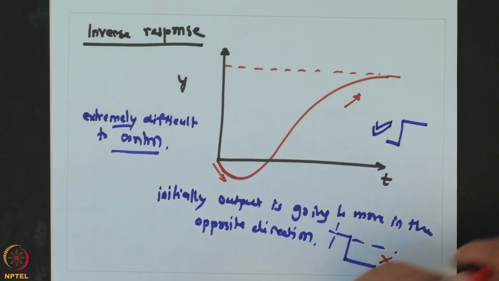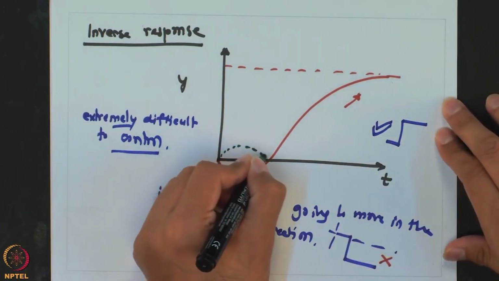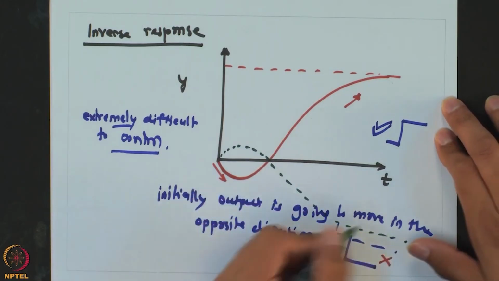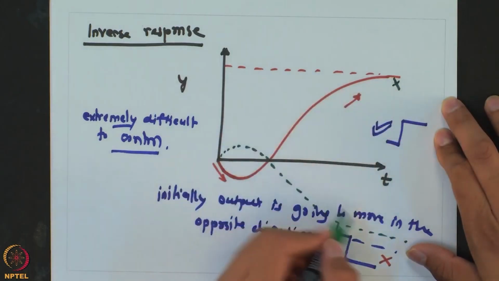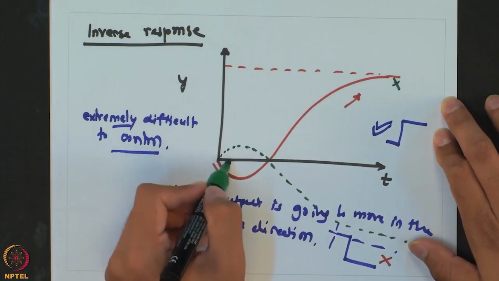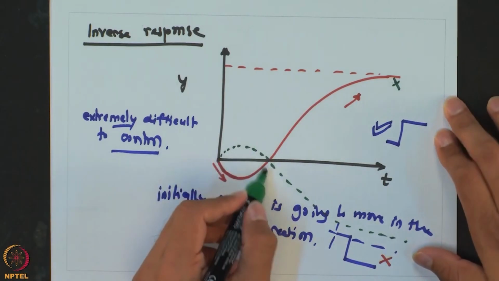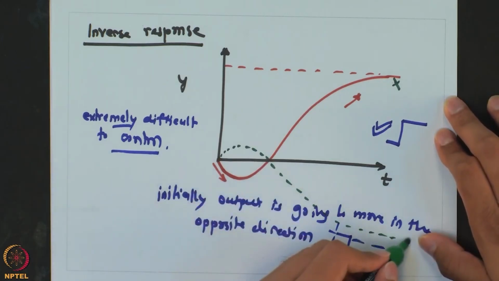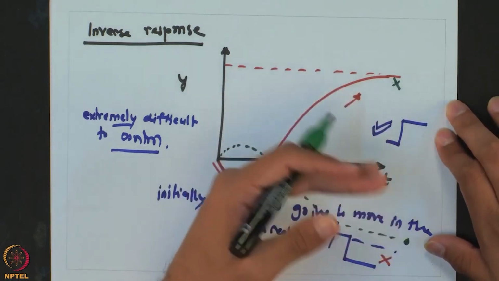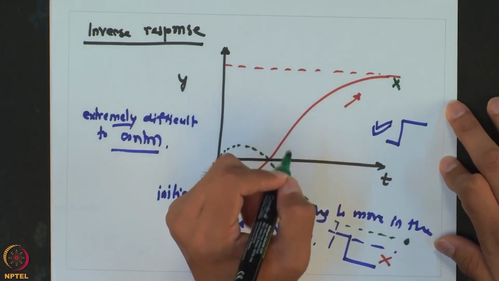The response it is going to lead the system to is the mirror image of this, and the system will never be able to reach this particular point, it will go in the opposite direction. So, every time the controller will try to make an exactly opposite move, and the system will either end up at this point or keep on oscillating between the operating points, and the system will never be able to reach this final output point.